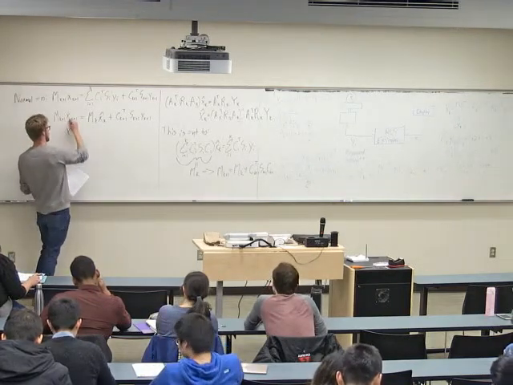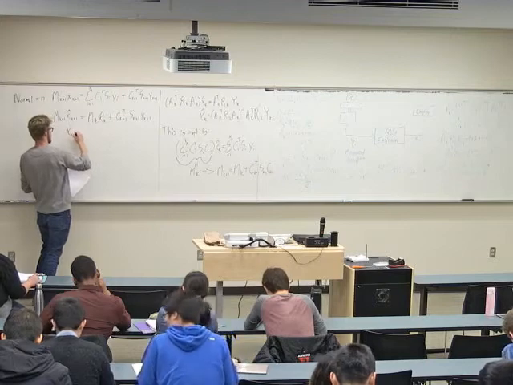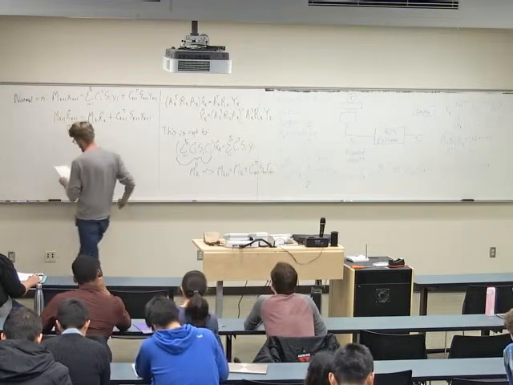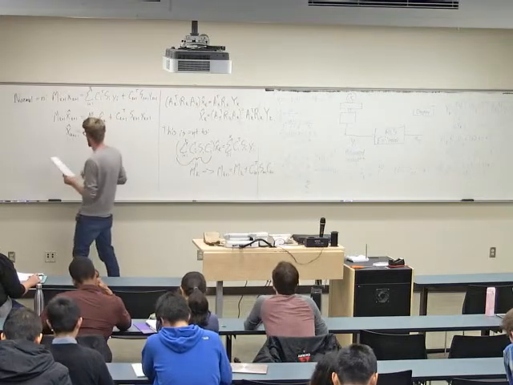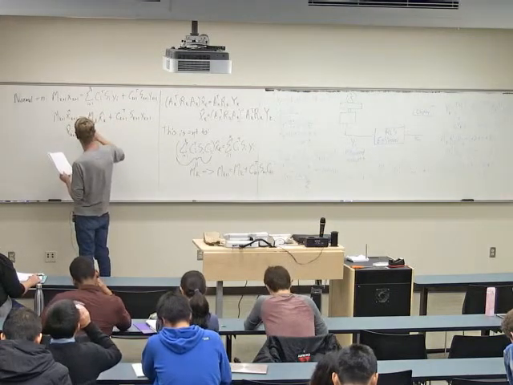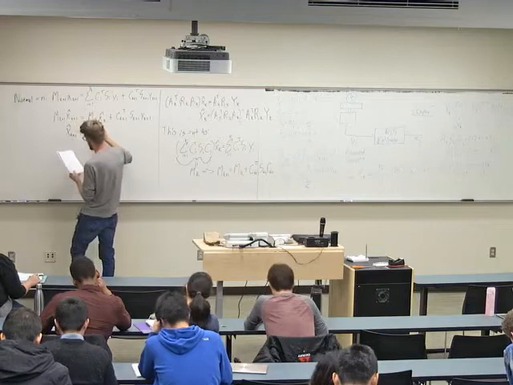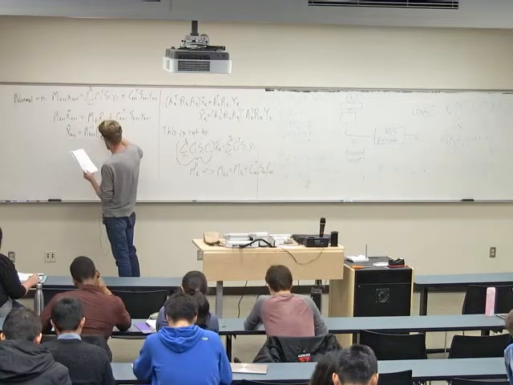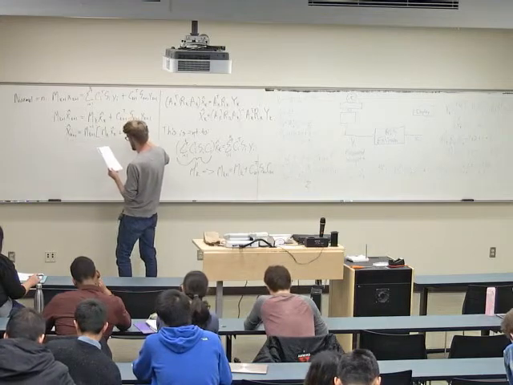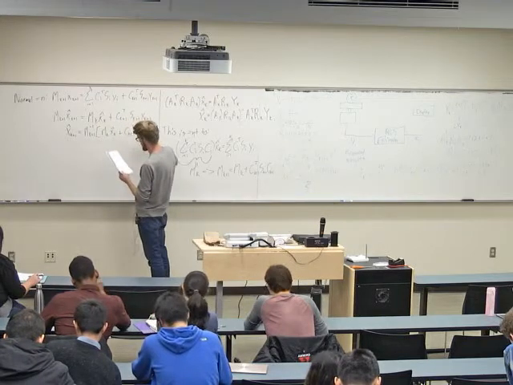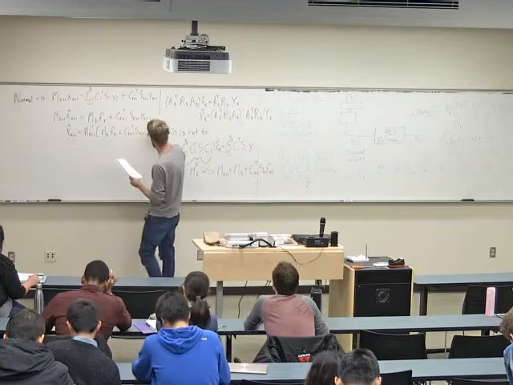So this gives us a recursive solution for xk plus 1, and that's equal to Mk plus 1 inverse times Mk xk hat plus Ck plus 1 transpose Sk plus 1 yk plus 1.